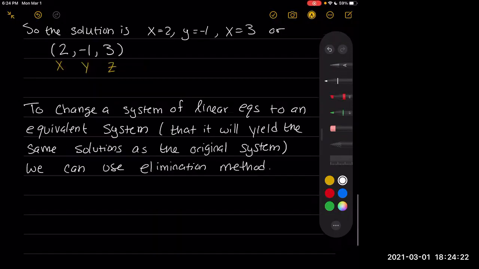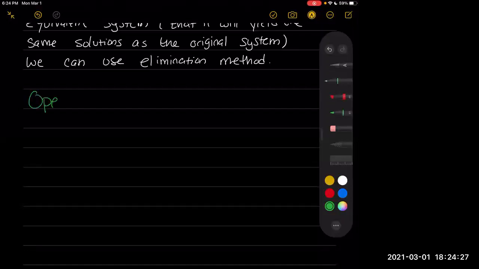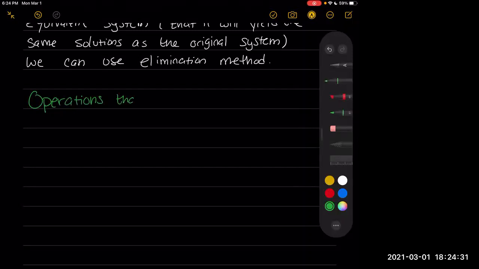And what this means is, if we were to write out our operations that yield an equivalent system, okay, so operations that will yield an equivalent system.